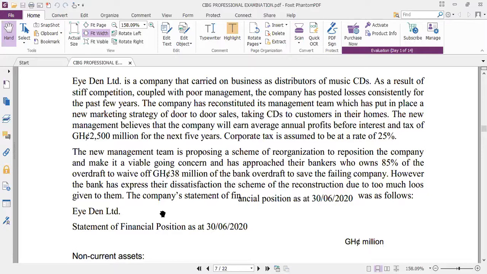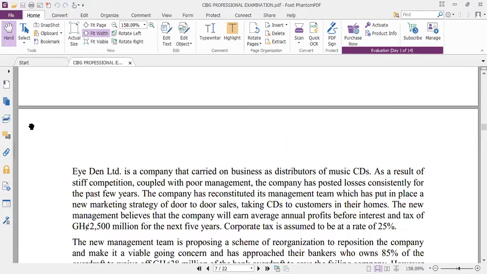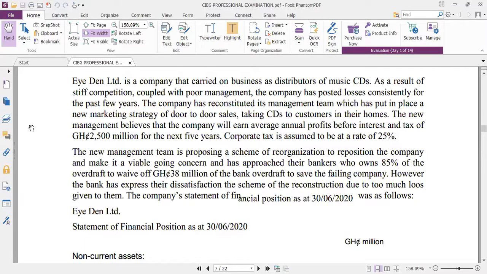Now the question says that IN Limited is a company that carried on business as distributors of music CDs. As a result of stiff competition coupled with poor management, the company has posted losses consistently for the past few years.